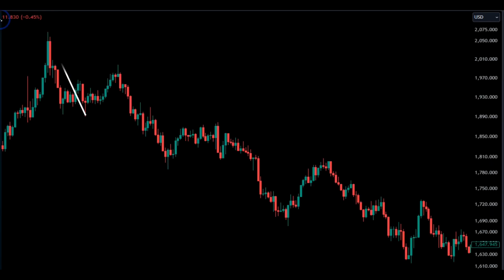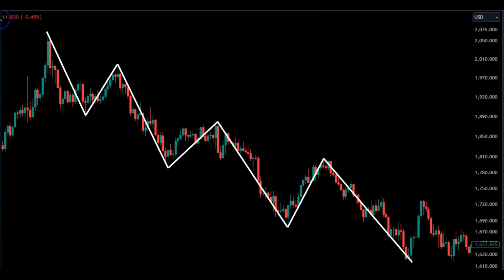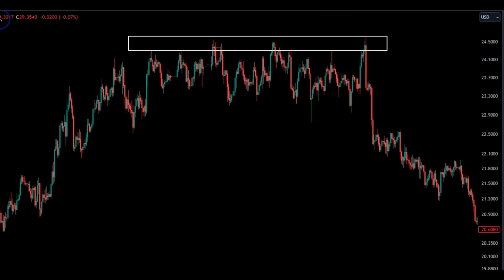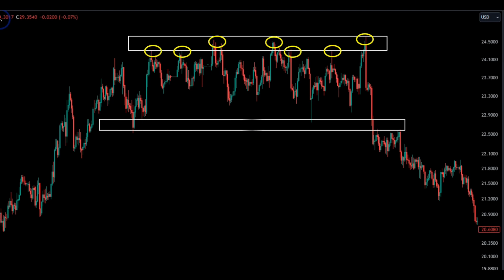In a downtrend, the market is moving lower, with each peak and trough forming progressively lower levels, signaling increasing selling pressure. A sideways trend occurs when the price is moving within a specific range, with no clear direction, showing indecision in the market.